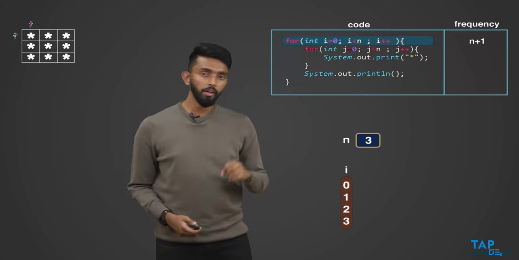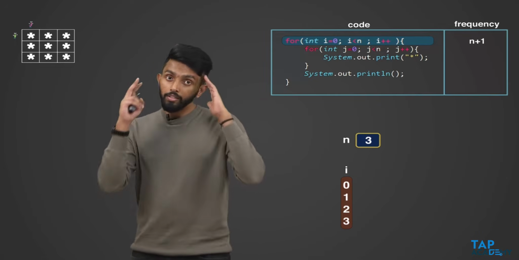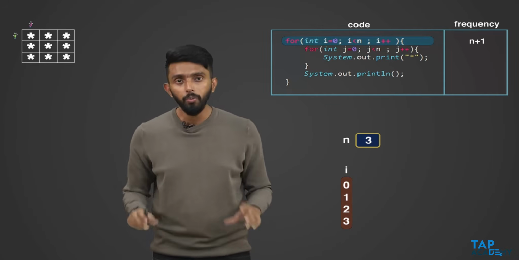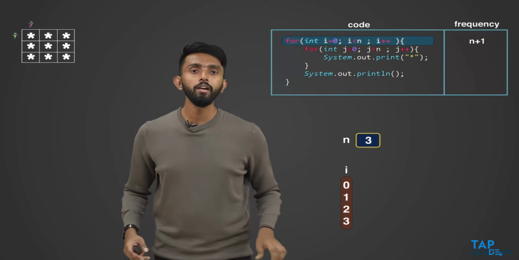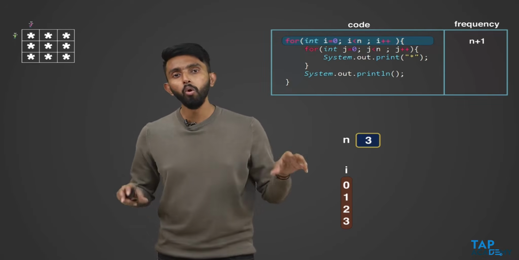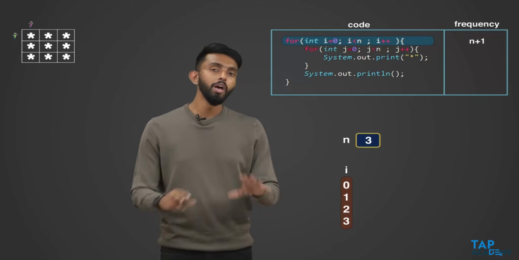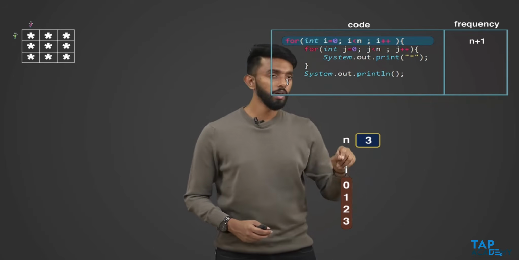Now listen to me carefully. This is where either you can complicate your life by thinking mathematically or use this simple trick which I am giving you and utilize this to immediately calculate time complexity in seconds, both while you practice and most importantly when you are attending interviews. What do you mean, sir, you may ask. Simple. This is n plus 1 times.